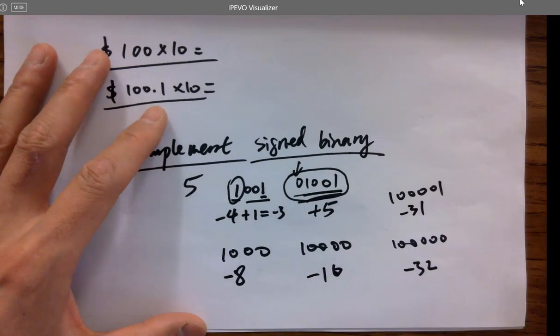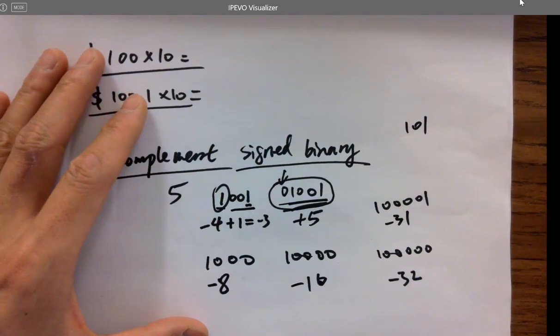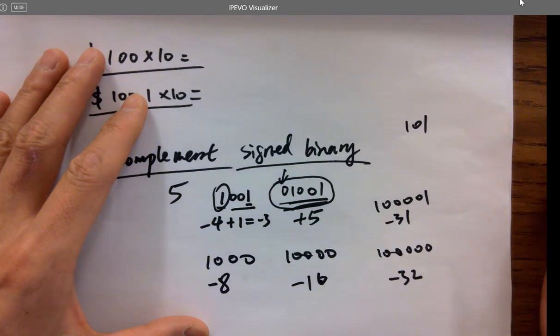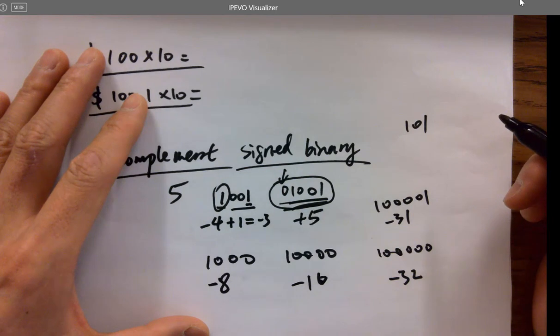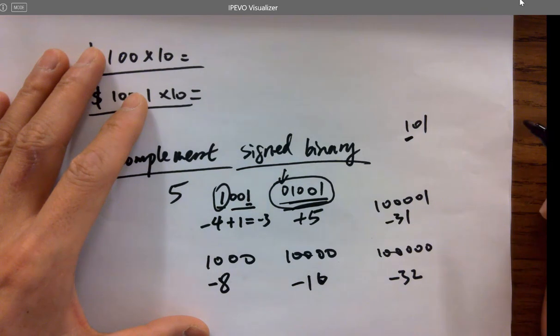That's right. Negative 2? Negative 1? 0, 2. Oh, 2. 2 to 2, negative 4. Negative 4.